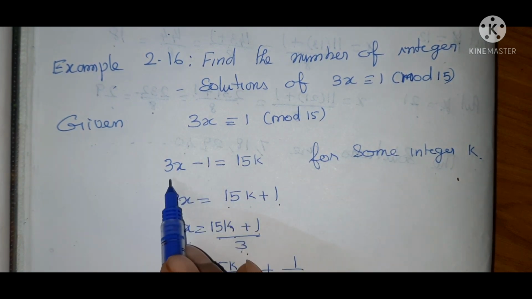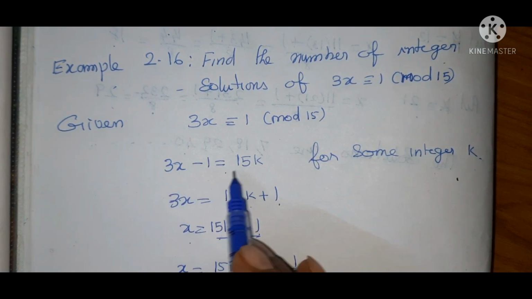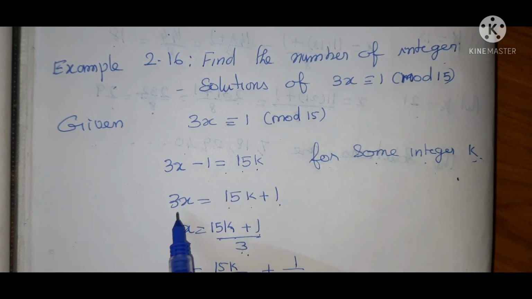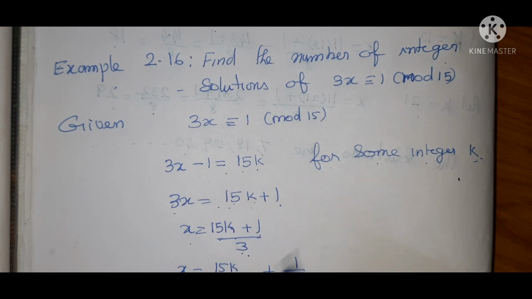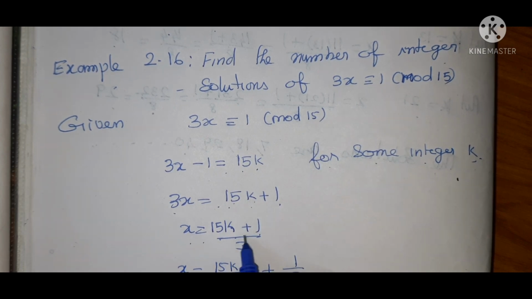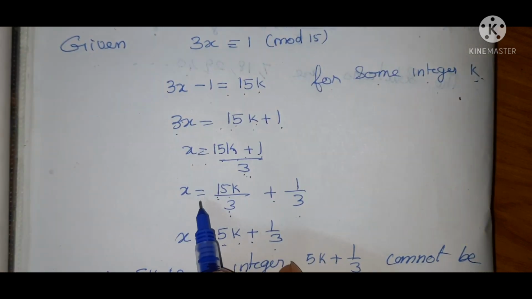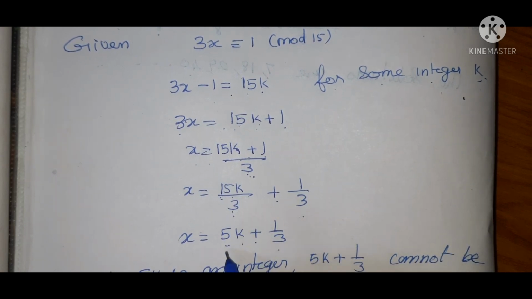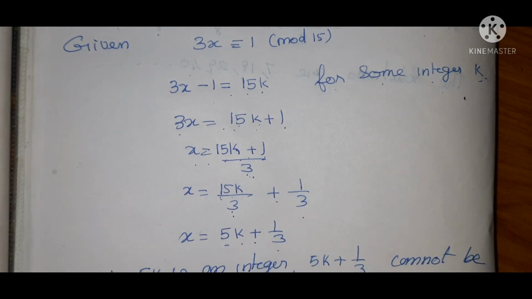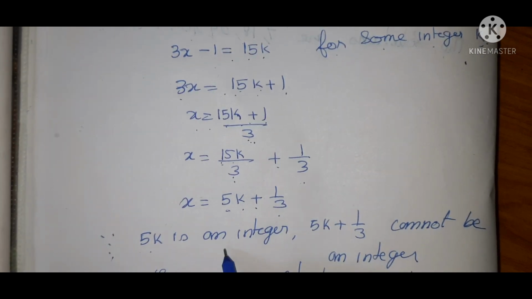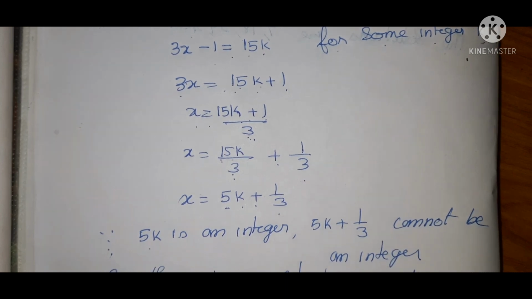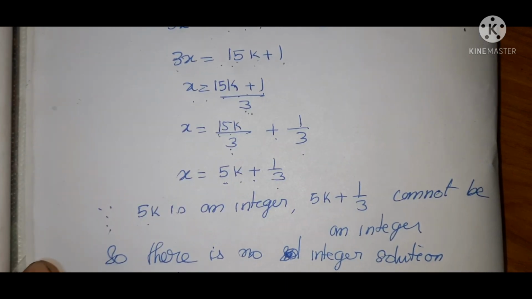It can be written as 3x minus 1 is equal to 15k, for some integer k. 3x is equal to 15k plus 1, so x is equal to 15k by 3 plus 1 by 3, which is 5k plus 1 by 3. Since 5k is an integer, 5k plus 1 by 3 cannot be an integer. So there is no integer solution.